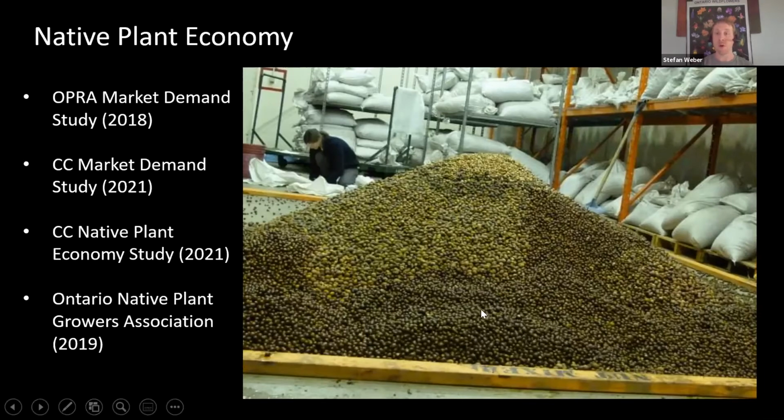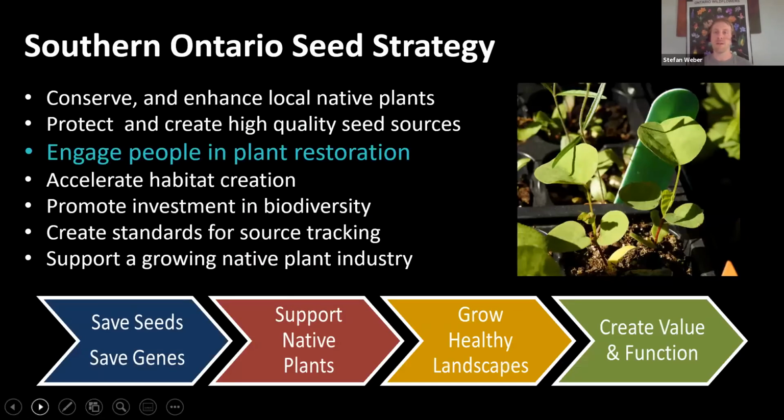And also, I want to note that recently, many of the growers in Southern Ontario have aligned together to form a growers association to help advance their collective voice and their collective impact. And right now, we're working with Carolinian Canada, the Growers Association, and many others to pull together a seed strategy for this region.